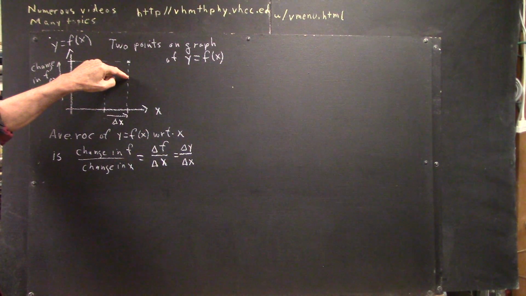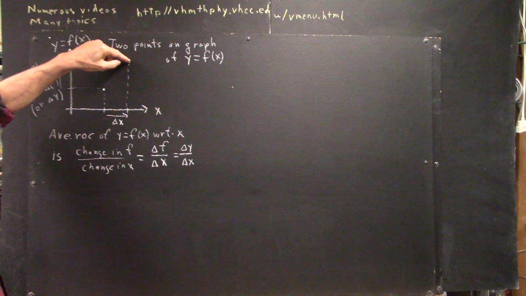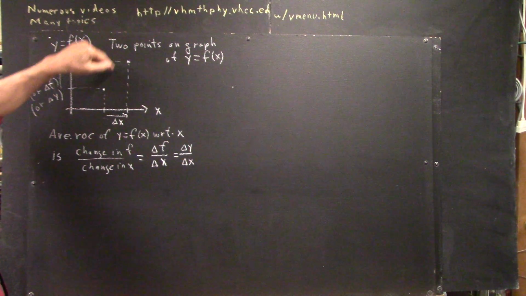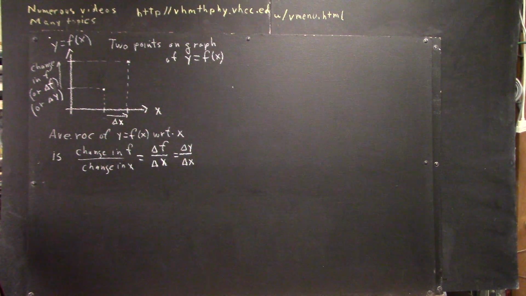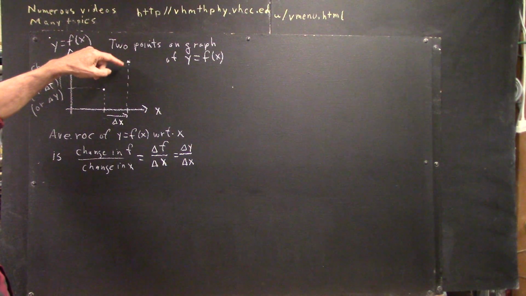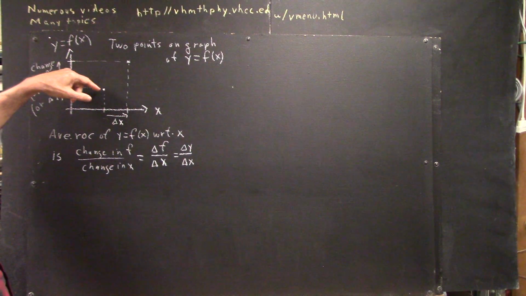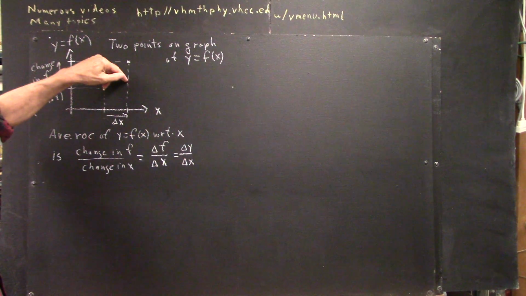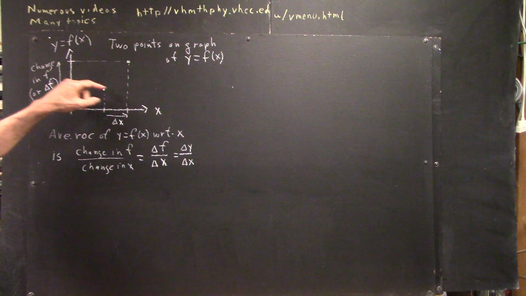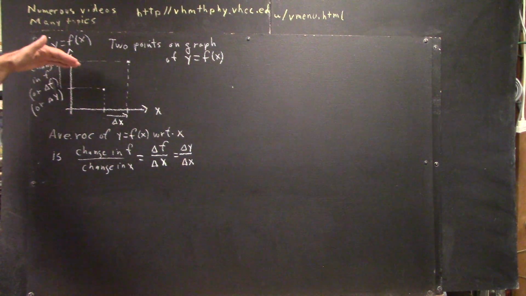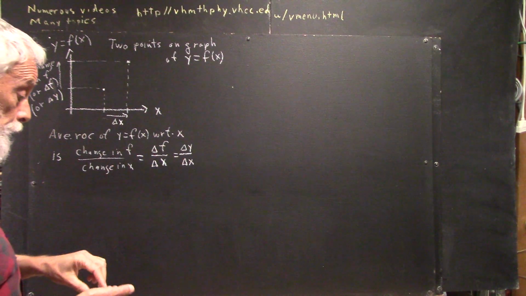So my point would be maybe here rather than here. What if this point is the same and this point is further up? Well, that's going to give me a bigger change in f or change in y for the same change in x. So the further this point is above this one, the greater the rate of change. The closer this point is above this one, the less the rate of change. If this point is lower than this one, actually it looks like I'm going to have a negative change in f for a positive change in x, and that's going to give me a negative average rate of change.